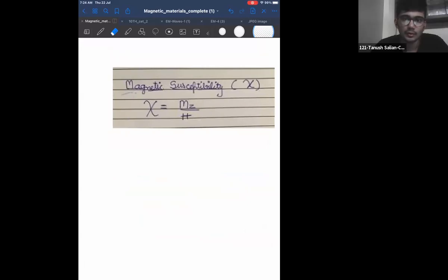Sir, how do we pronounce the symbol? Xi. Can you write it? Spell it? For susceptibility.